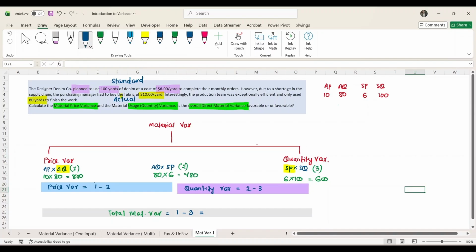Now this price variance is equal to 1 minus 2, so this becomes 800 minus 480, that becomes 320.